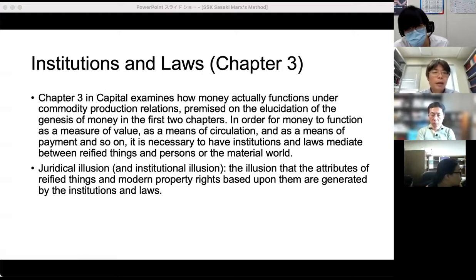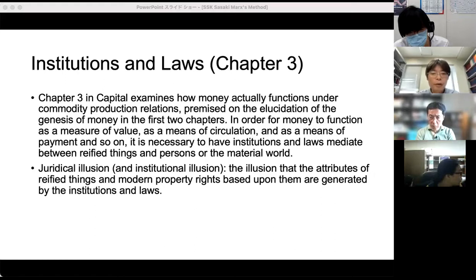In order for money to function as a measure of value, as a means of circulation, and as a means of payment, and so on, it is necessary to have institutions and laws mediate between reified things and persons or the material world.